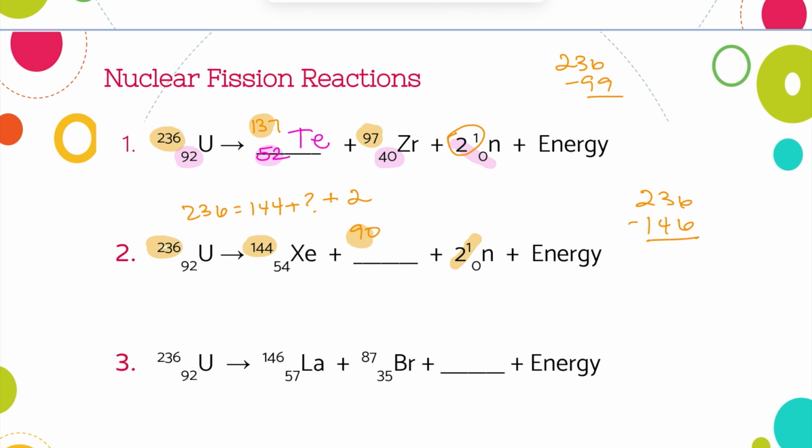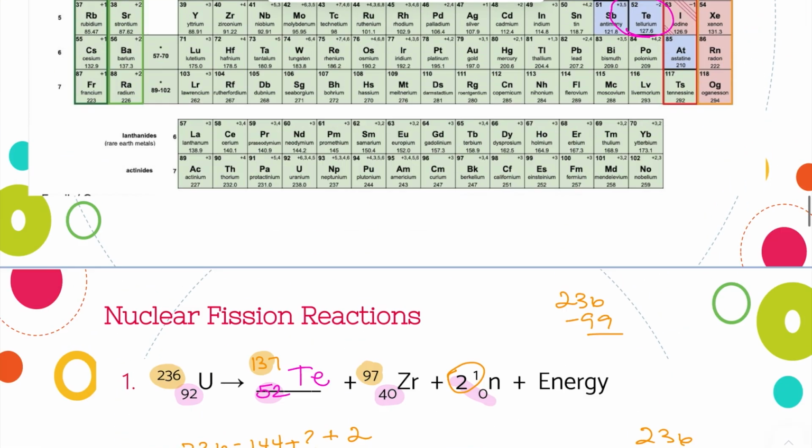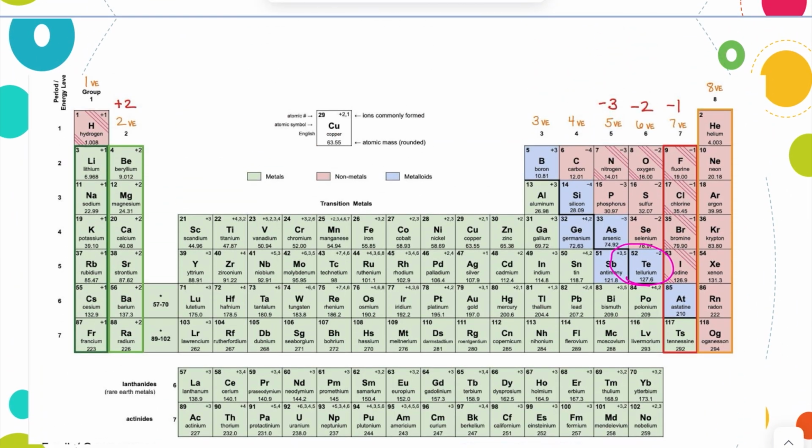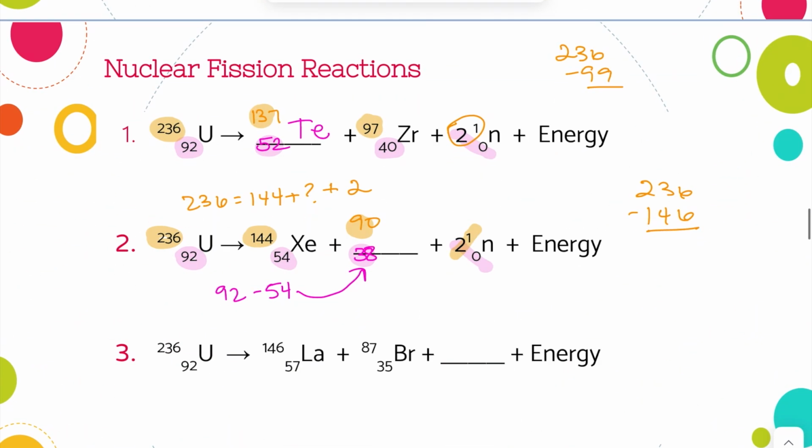Looking at my protons, 92 needs to equal 54 plus something. Our neutrons have no protons in them, so we're not going to take that into account. And so I'm going to have 92, again, minus that 54 is going to tell me what other piece I need in there, and that is a 38. Going up here, finding number 38 is strontium, so Sr on there.